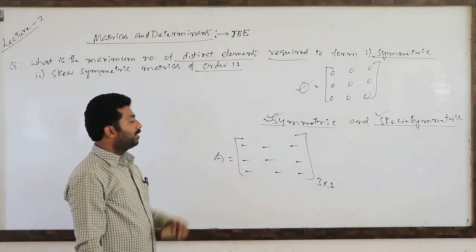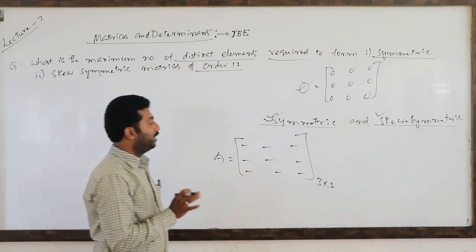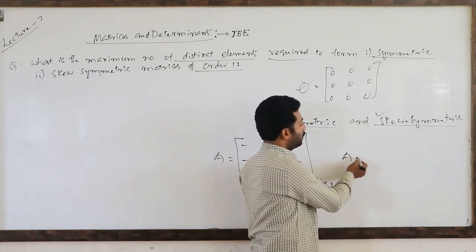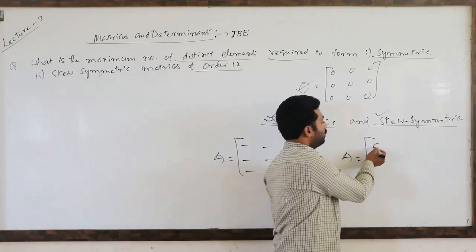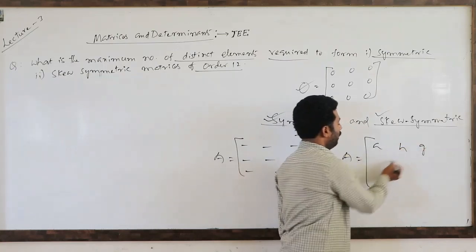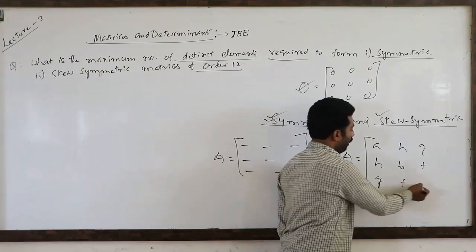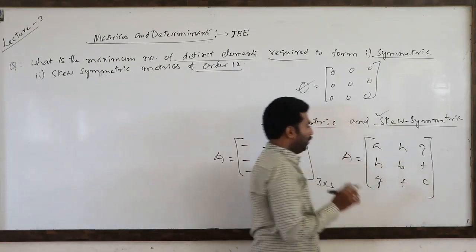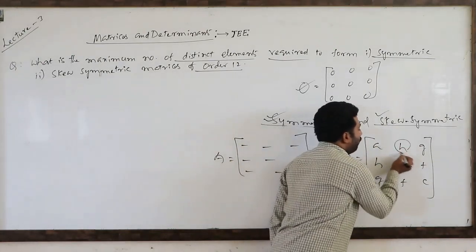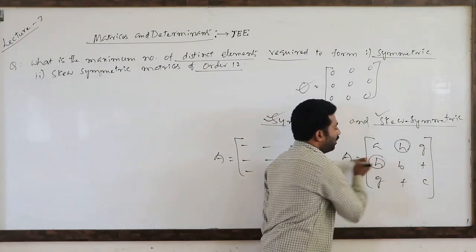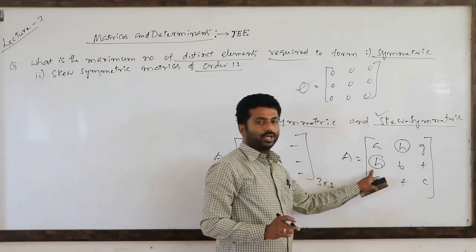If it is symmetric, what is the symmetric nature? We just discussed it. See, this is A, H, G; H, B, F; G, F, C. Very clear. If you fill this element, there is no need to fill the mirrored element because the same element should be written.